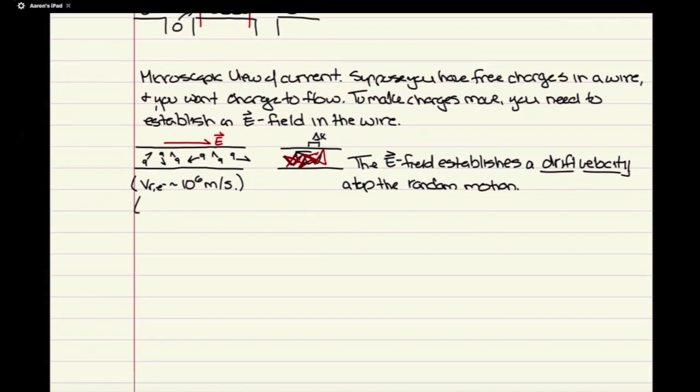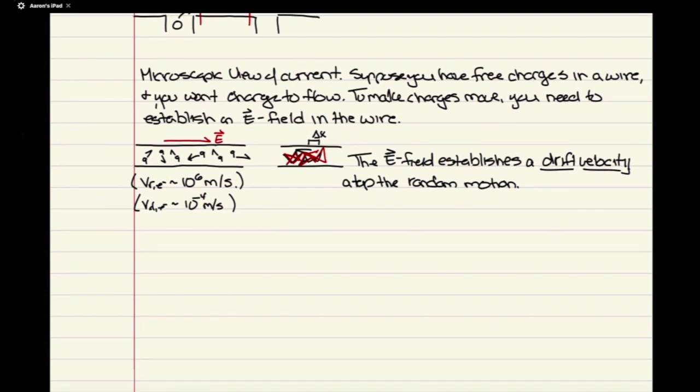And again, just to give you a sense of the relative values, the drift velocity for electrons in a wire is something like 10 to the minus 4 meters per second. This drift is the current.